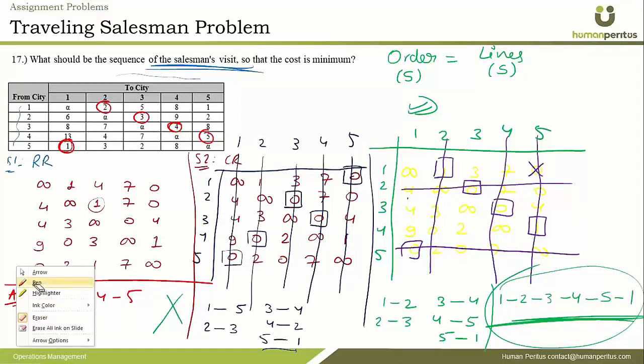Okay. So what is my cost? Cost would be 2 plus 3 plus 4 plus 5 plus 1, which is 5, 9, 14, 15. Right? So this would be my minimum cost for the traveling salesman.